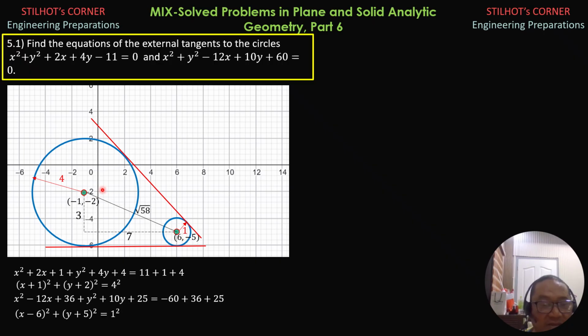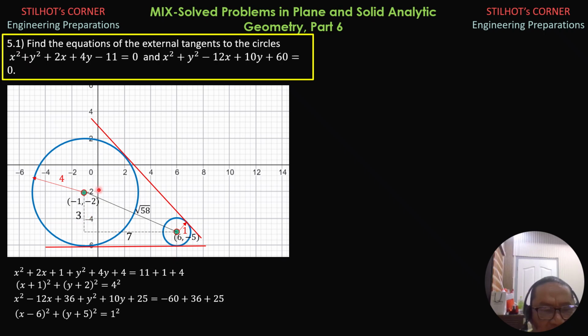So the distance between centers is square root of 58, because the horizontal distance between centers is 6 minus negative 1, so that's 7, while the vertical distance is negative 2 minus negative 5, which is 3.